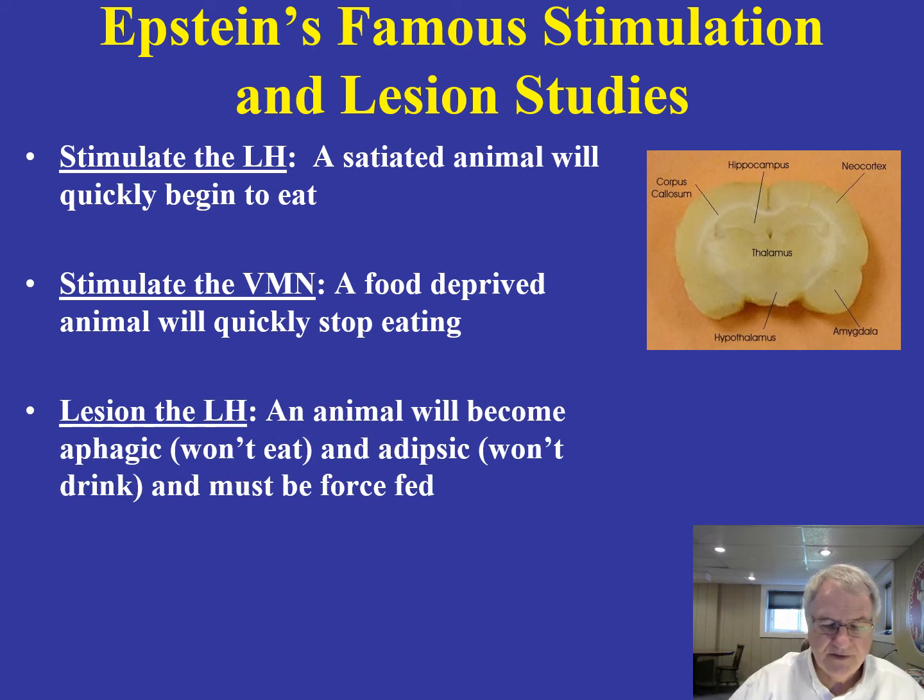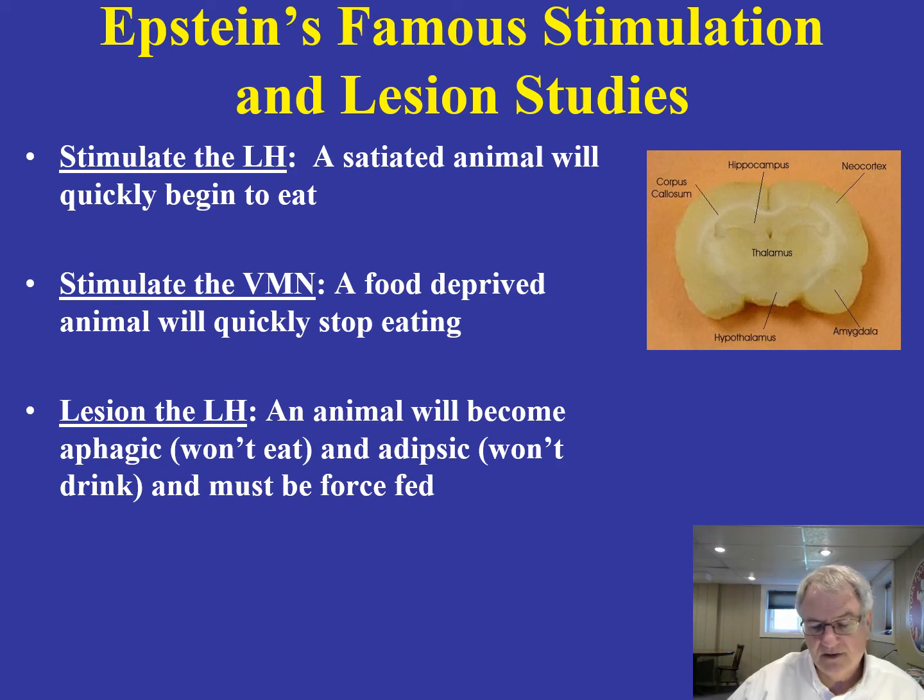He also does experiments when he actually removes the lateral hypothalamus, and what he finds is the animals become what we call aphagic, that is, they don't eat, and adipsic, meaning they don't drink. You have to force feed them for the first few days after the surgery before they start to eat on their own again.